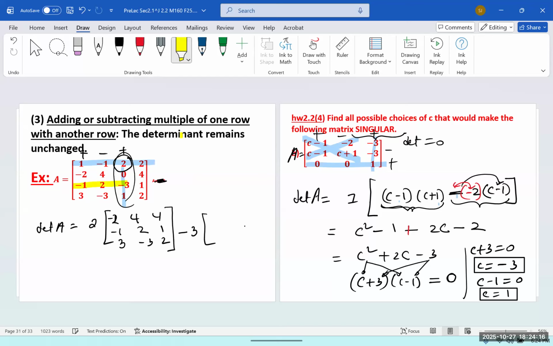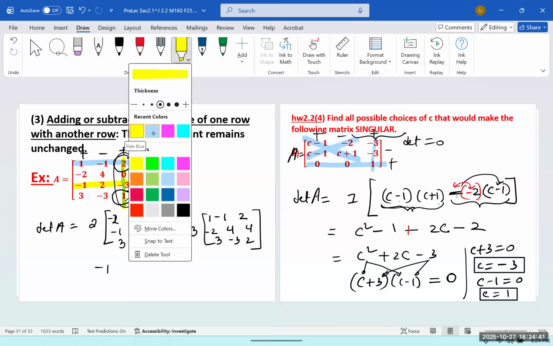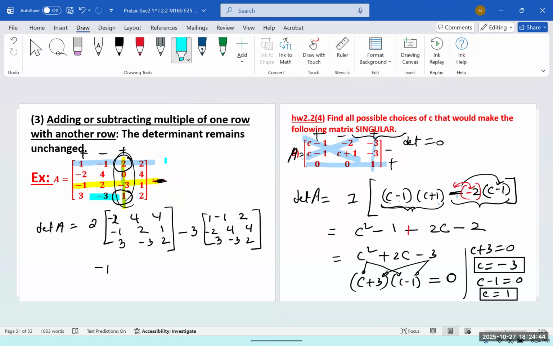So you're not using the third row. 1, negative 1, 2. So minus 1. So now you're here. So you're not using, let me change the colors, the third row. 1, negative 1, 2. Negative 2, 4, 4.